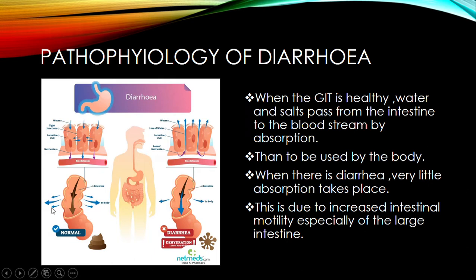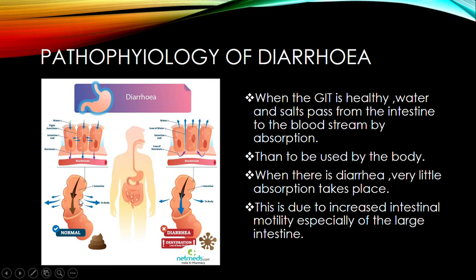This is happening in a normal baby, in a normal individual. Water is moving through osmosis from the lumen of the intestines into the body cells in order to be used. So this occurs through absorption.